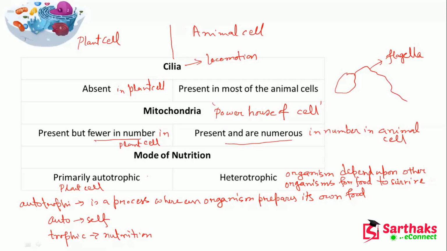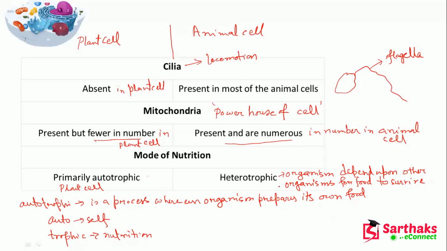So these are heterotrophic. As you know, a few animals like cow and goat take plants as food, and there are other animals that take small animals as food. Then you can see the vulture, which eats dead animals. So there are many types of organisms. In heterotrophic nutrition, every animal depends upon other organisms.